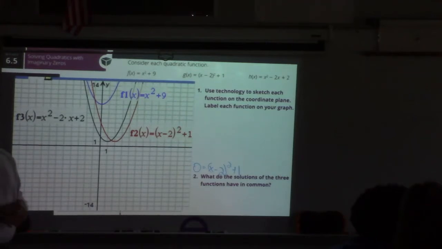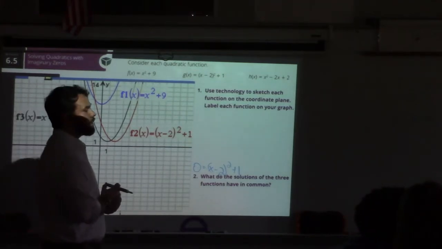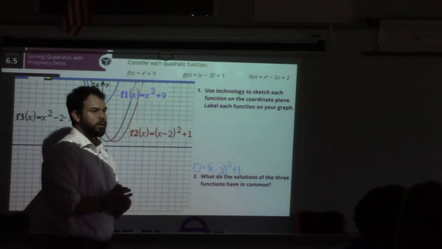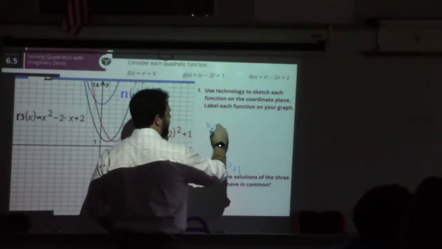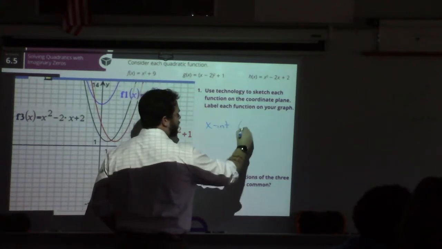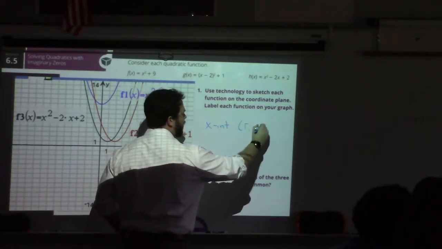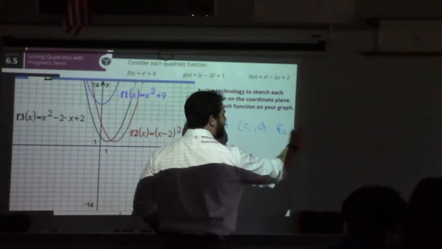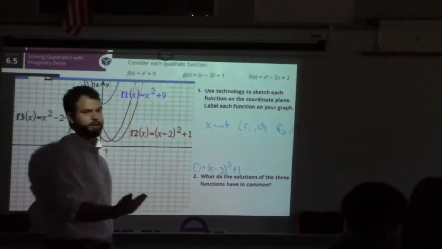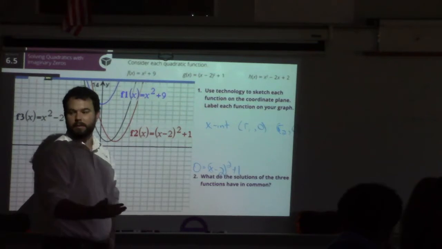Because in checking and grading the homework, I noticed something that I do not want you to do. When I ask you for x-intercepts, I want you to write your solutions as points, r1, 0, and r2, 0, right? X-intercepts are points, because it's an x and a y.